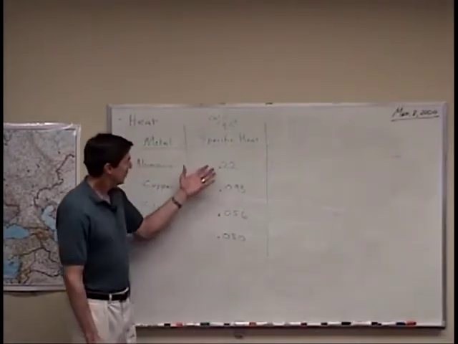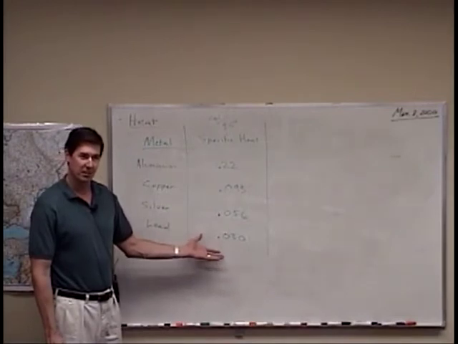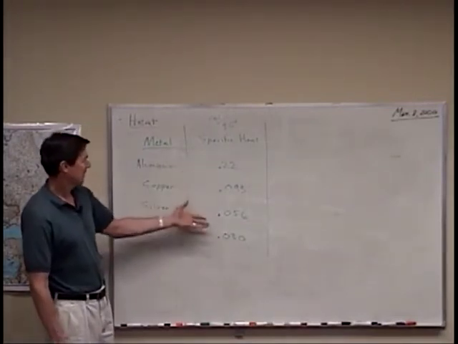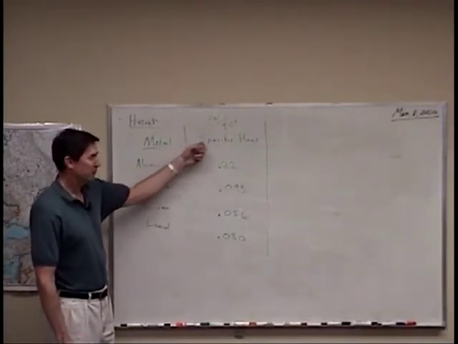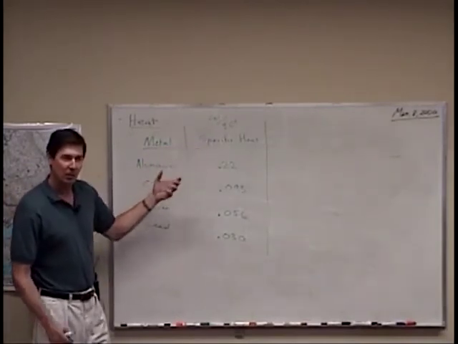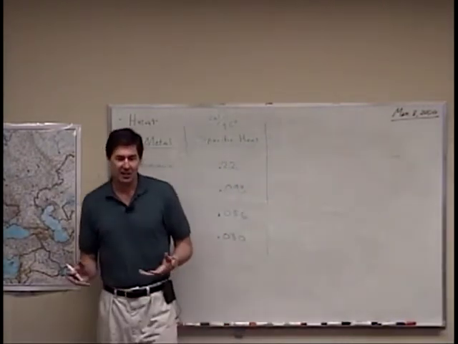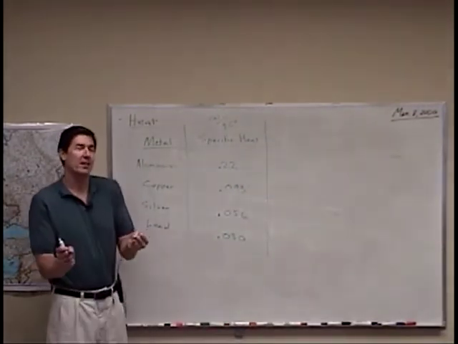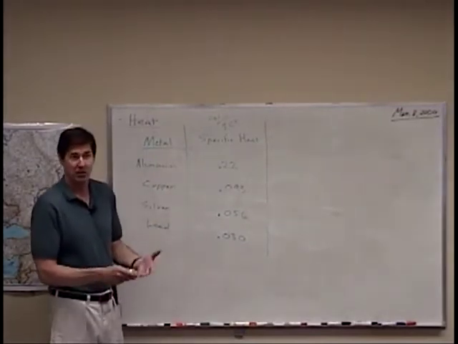I mean, nobody had made any headway at this point in understanding these numbers. It just seemed like there was this wide range of specific heats. I mean, different materials required much different amounts of heat in order to raise their temperature by the same amount, and nobody knew why.